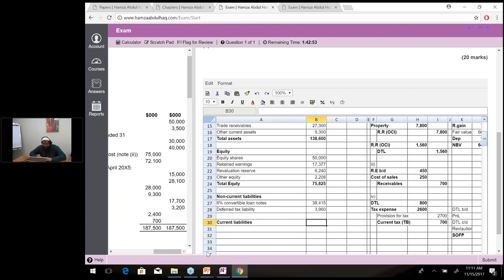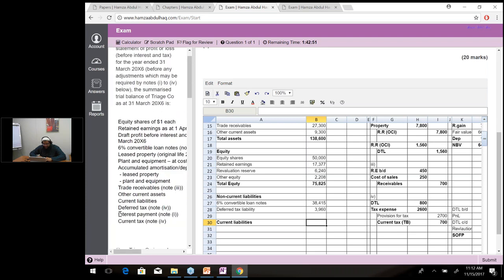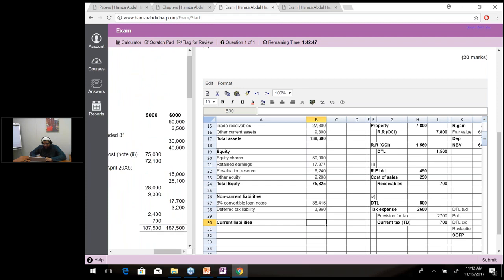And if I go to the trial balance, I will see the current liabilities are already given in total. So the value of the current liability is 17,700. So I'm writing 17,700 plus 2,700, which is the provision for tax.